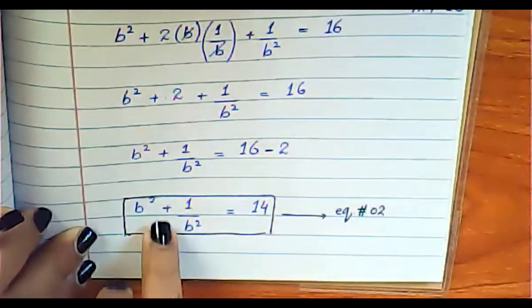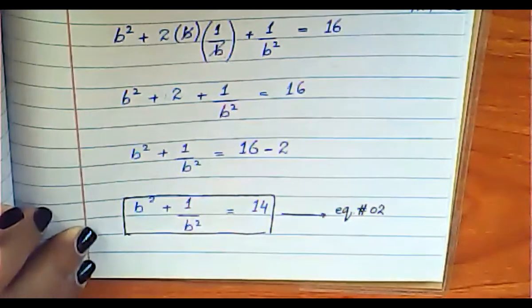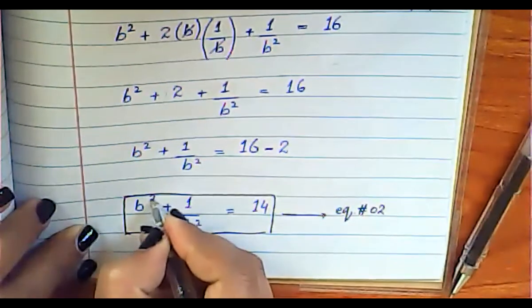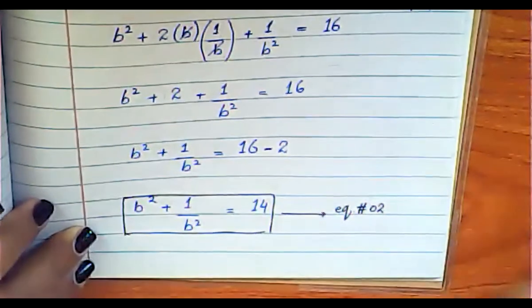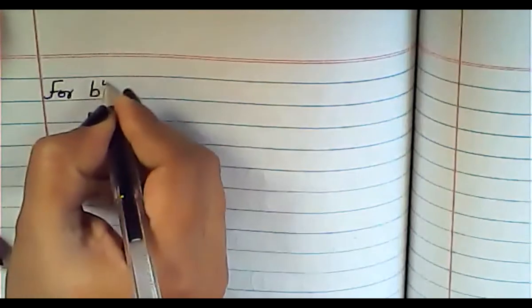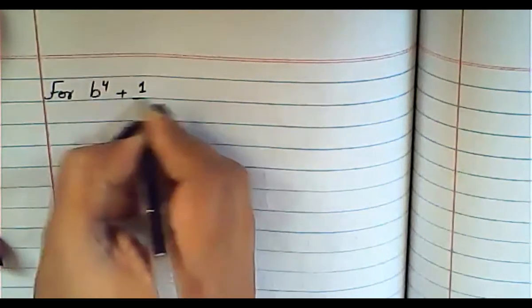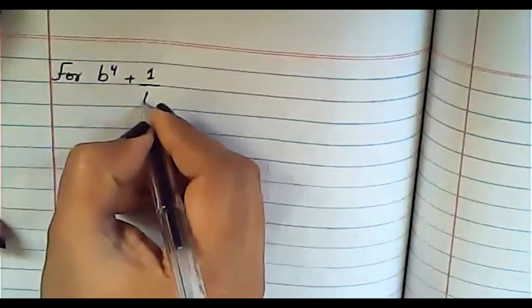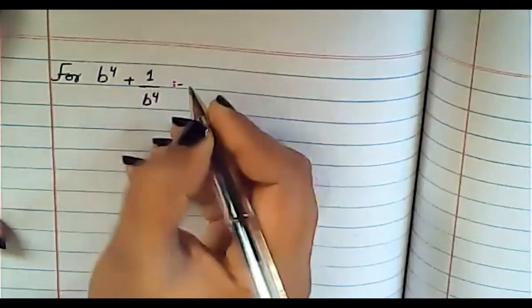Okay, now you have to take the square of this term as well. Okay, this is b square. Now next heading will be, what you have to find here, the last one, which is required for b4 plus 1 upon b4.